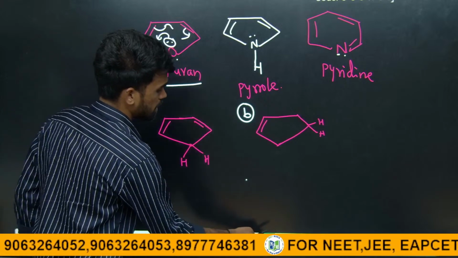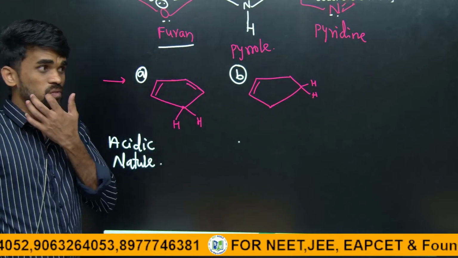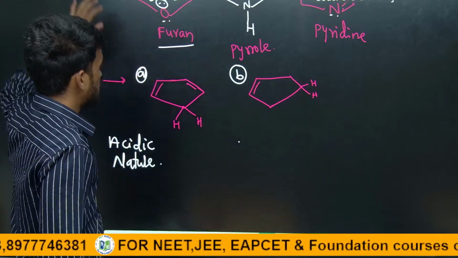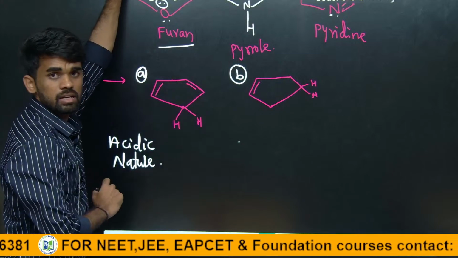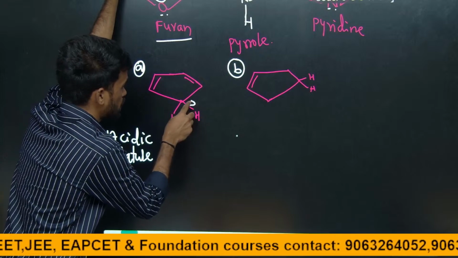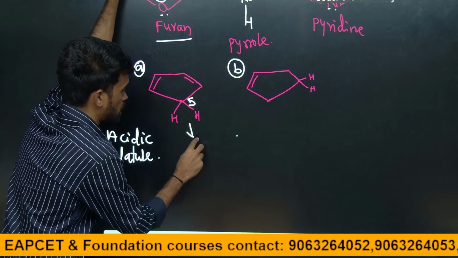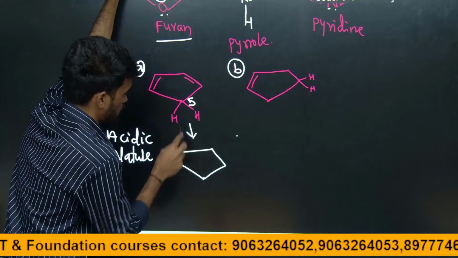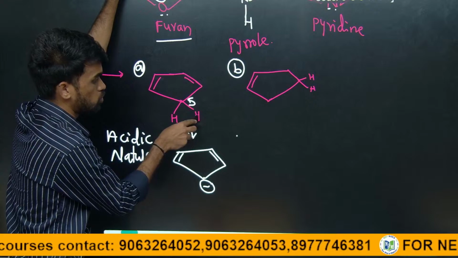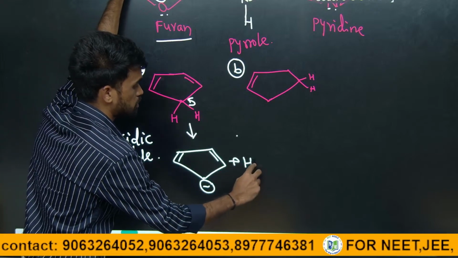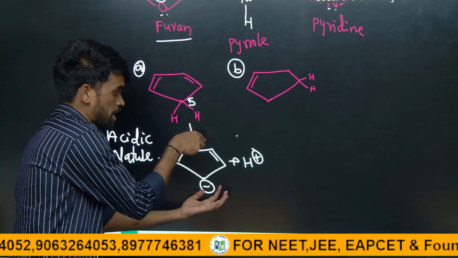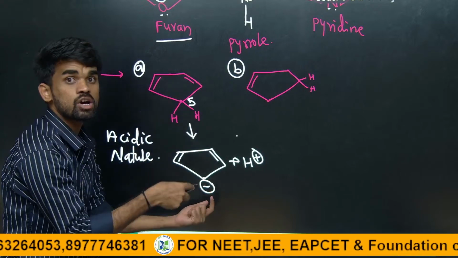Acidic nature means, what do we know an acidic compound means? It should liberate H plus ion, right? Let us say this molecule is acidic and it is releasing one of its protons from here, then this will have the negative charge, and I am mentioning a negative charge here after removing this H plus. So it is releasing H plus ion. Now if this is an acid, the anion obtained from the acid is called its conjugate base.